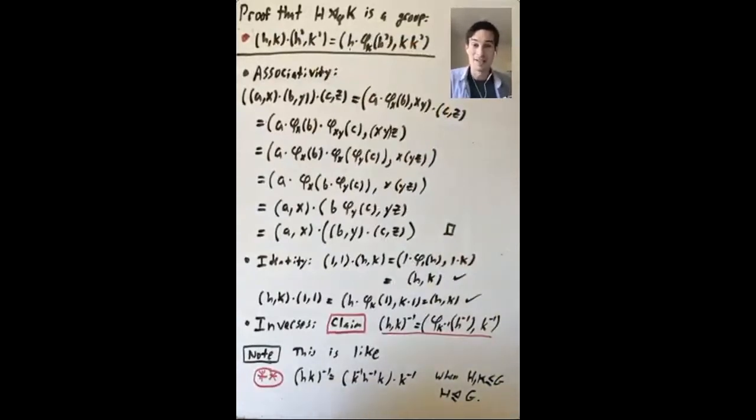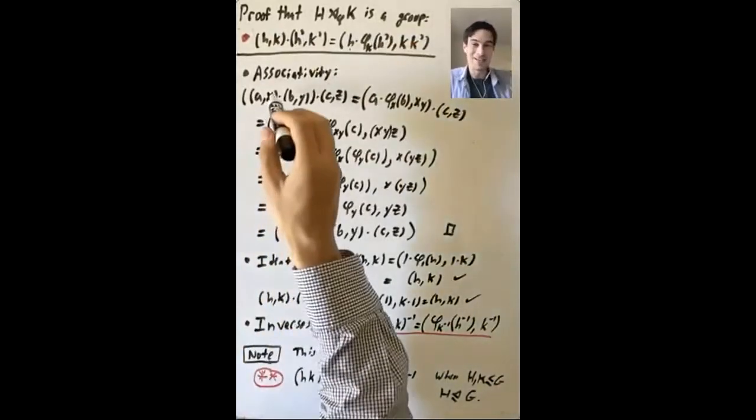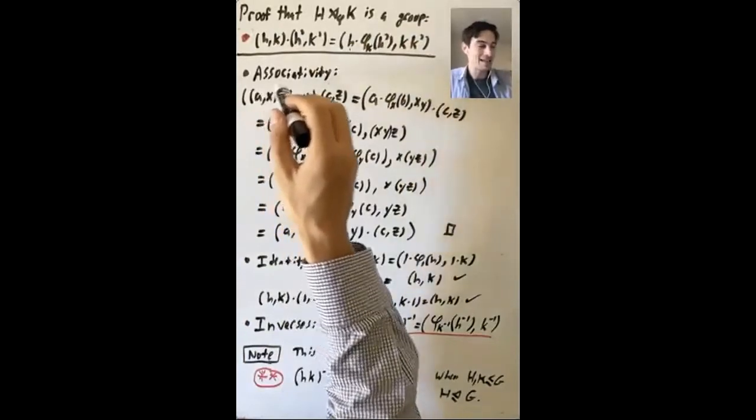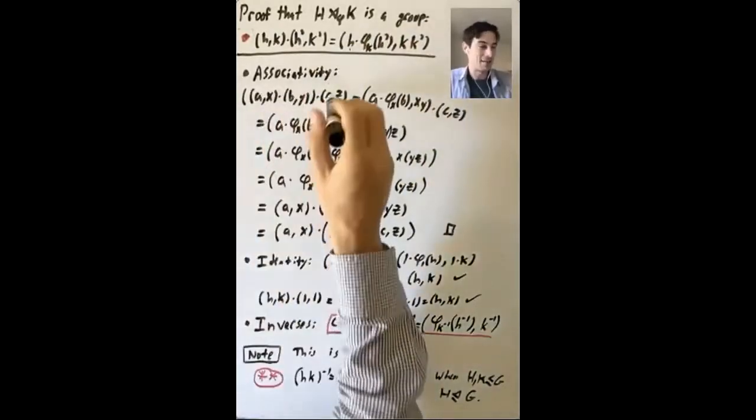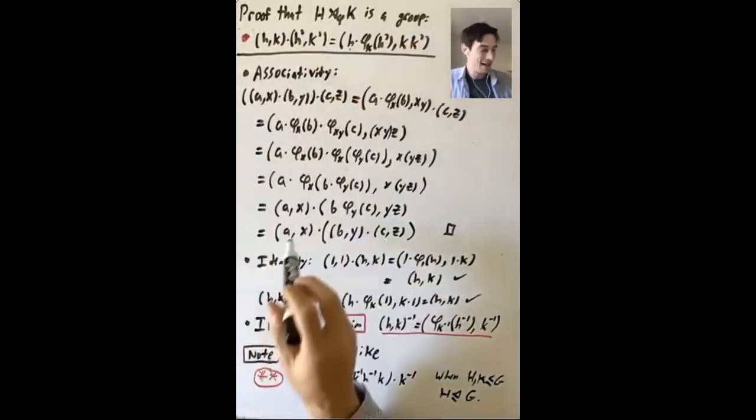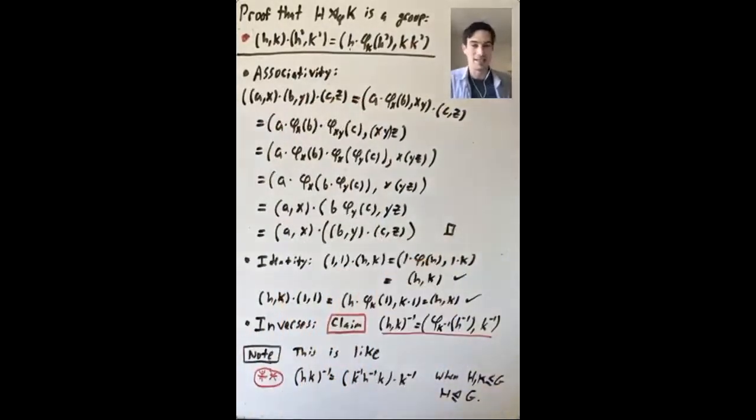Let's show that it's associative. So what do we need to show? We need to show that (ax times by) times cz equals ax times (by times cz).